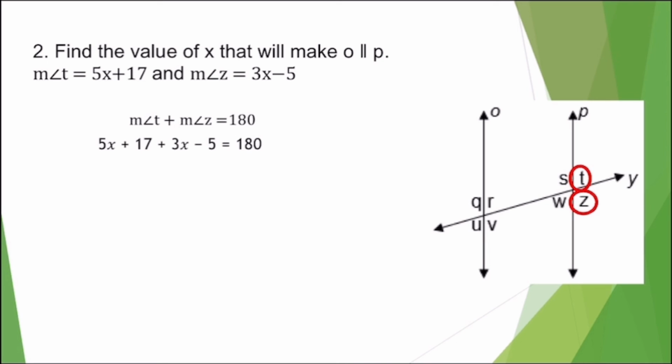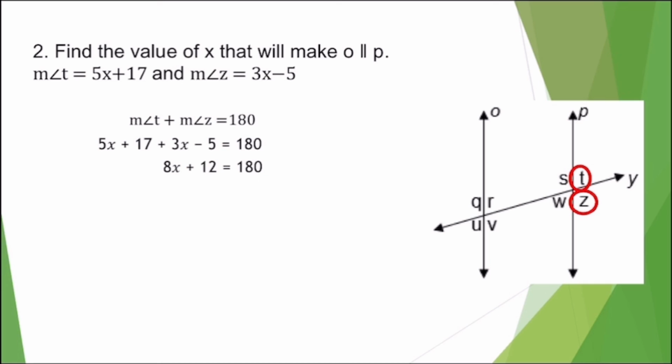So we have now 5x plus 17, which is the value of angle T, plus 3x minus 5, which is the value of angle Z, is equal to 180 degrees. Let's combine similar terms. So 5x plus 3x is 8x, 17 minus 5 is 12. So we have now 8x plus 12 is equal to 180.